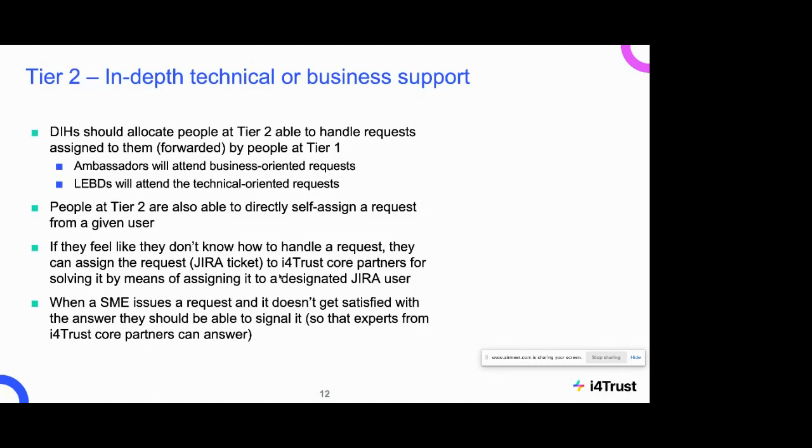We will be monitoring, nevertheless, when a given ticket stays too long assigned to you, either assigned to your tier 1, or to ambassadors or LEBs in tier 2 of your organization, because we cannot leave them staying forever.